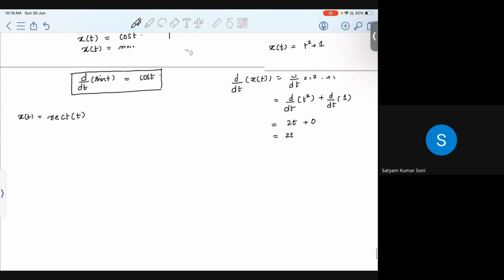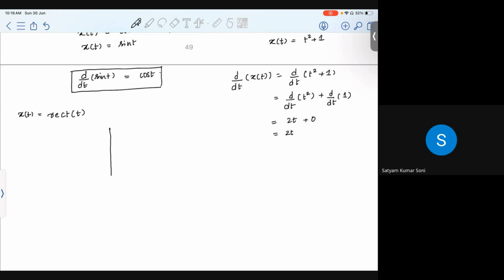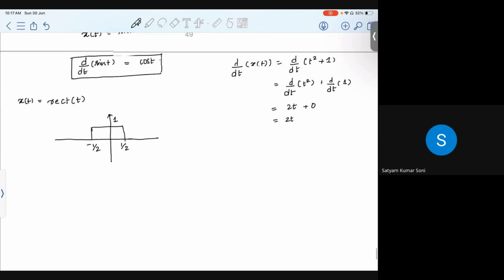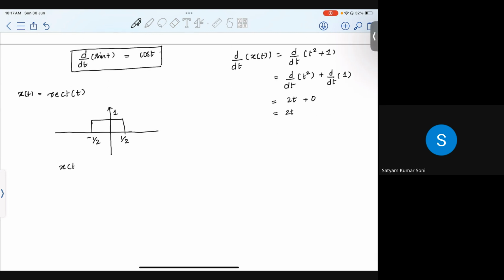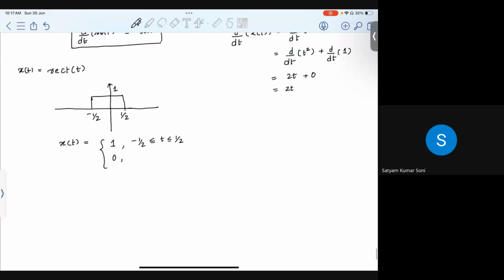Likewise, any example, suppose you have a rectangular function, so let your x of t be rectangular of t. Now, how is the rectangular function defined? The unit rectangular function takes the value 1 from minus half to plus half. So how do you represent this signal? You can represent it as 1 when t takes the value minus half to plus half, and 0 otherwise.